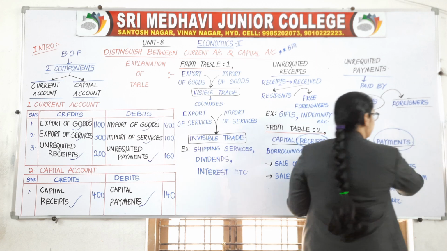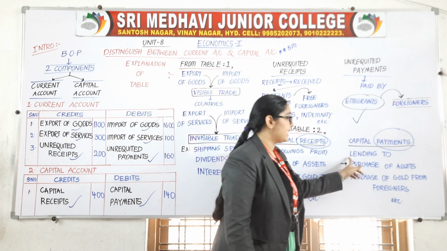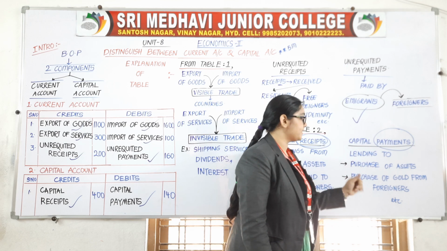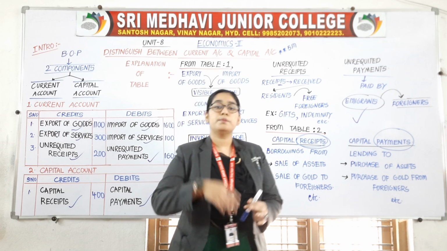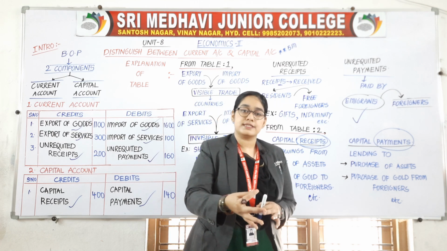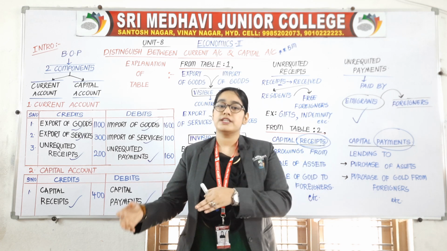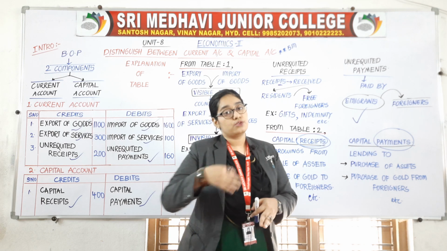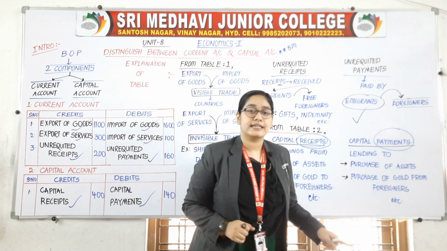Then what are capital payments? The term itself is saying we are making payments. Lending, purchase of asset, purchase of gold from foreigners. Whenever you purchase something, the money is going out. You are making some payment. Whenever you purchase some asset, if you purchase a new television, you are making a payment. That is an asset. Purchase of asset.